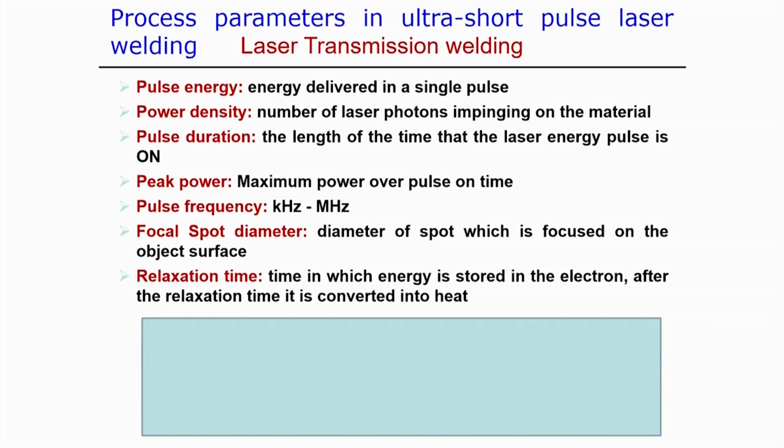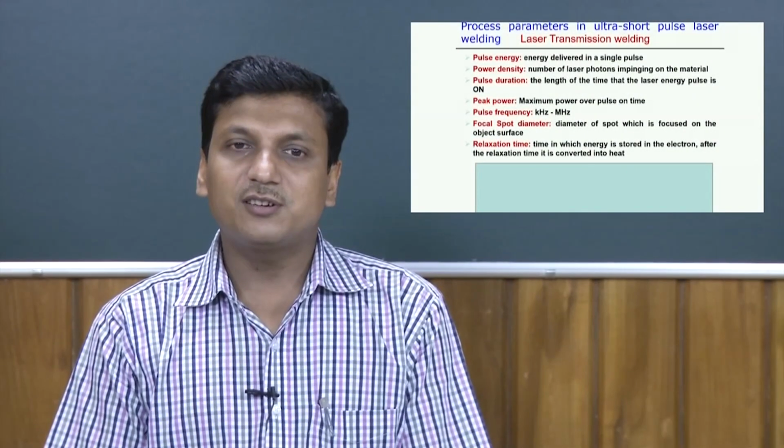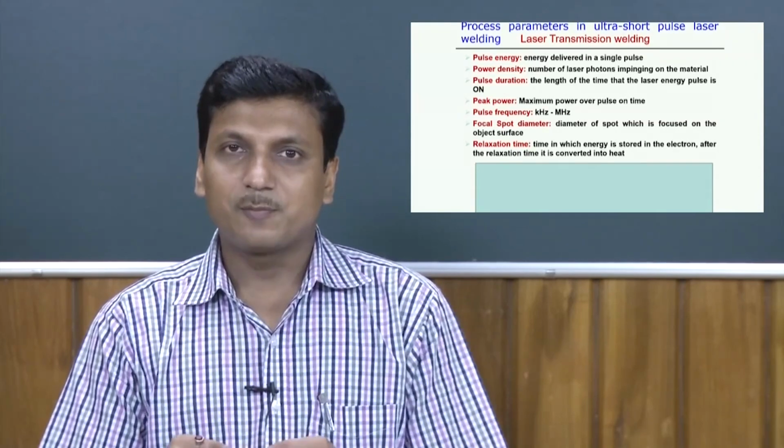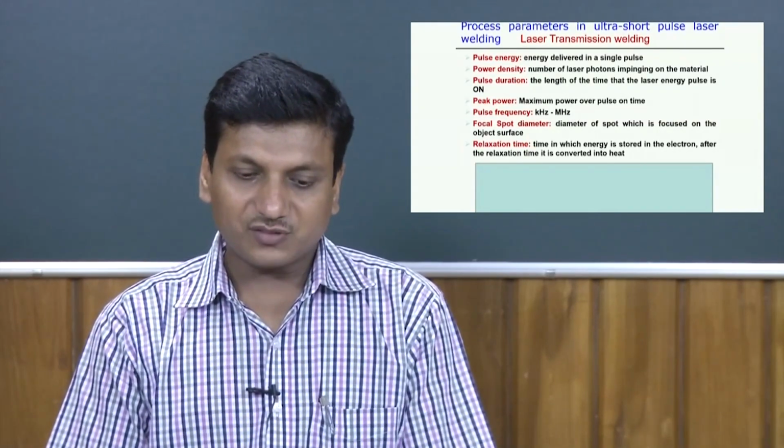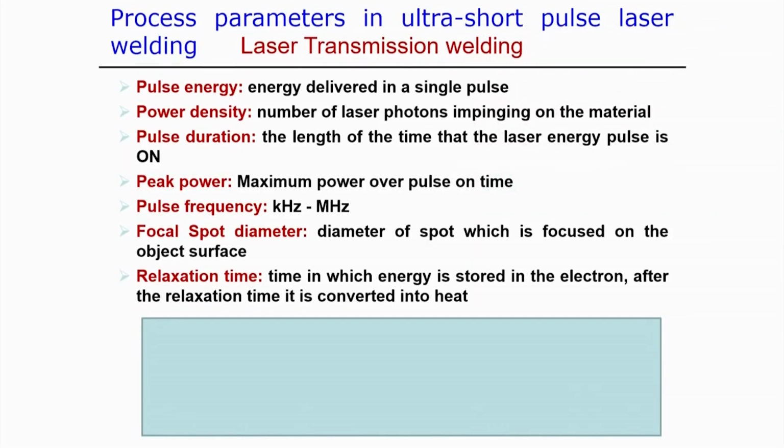Pulse duration is the length of time that the laser pulse is on. Peak power is the maximum power focused on a specific object. Pulse frequency normally ranges from kilohertz to megahertz in welding processes. Spot diameter is the diameter over which the laser is focused.